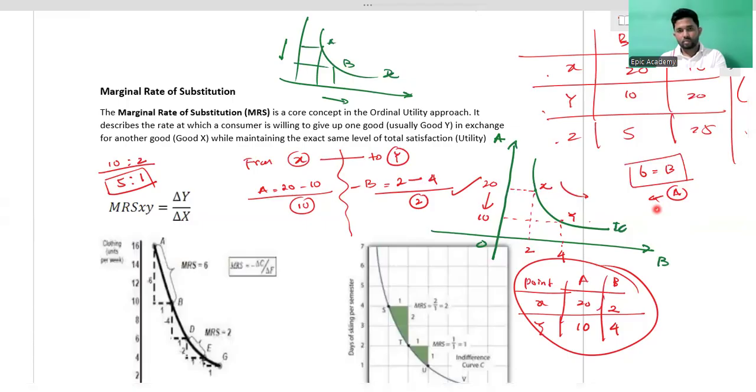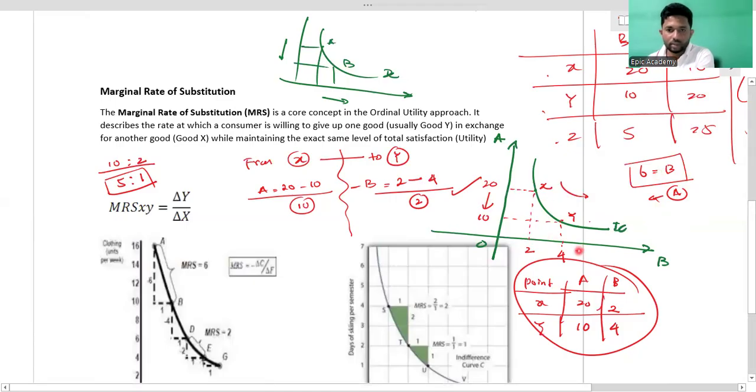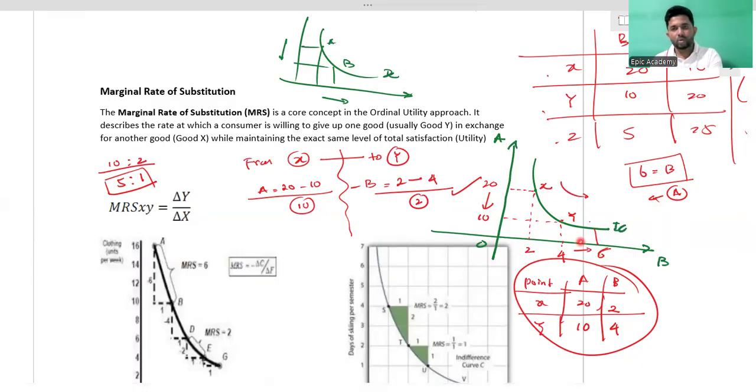If B decreases by 6? No, increases by 6. It is going to increase to 6. Okay, then A would decrease and MRS would fall, right? A will decrease by how much?